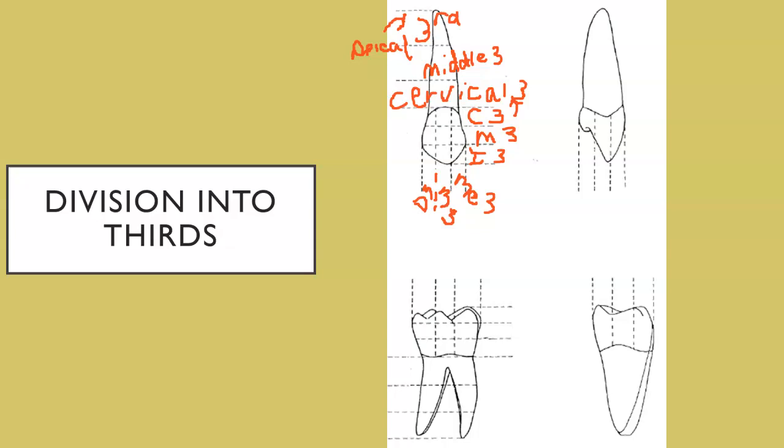Now this is looking at it from the interproximal. We've turned this on its side. We know based on how the tooth is contoured, this is the facial, this is the lingual. So just like we did here, this third of the crown would be the facial third.